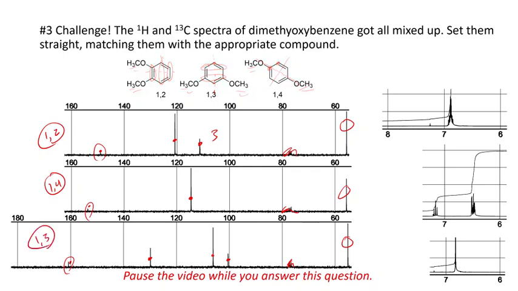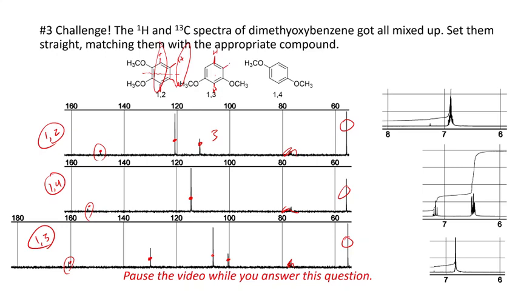All right? Now, what about the proton NMR spectra? Once again, we have the symmetry involved. So in this case, we have hydrogens here and here, which are the same, and hydrogens here and here, which are the same. In the 1,3 case, we have a hydrogen between the two. We have a hydrogen across.